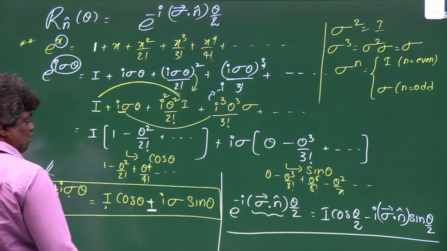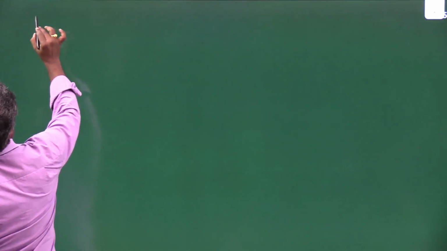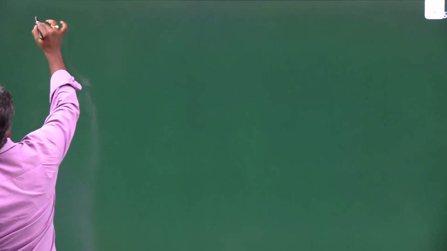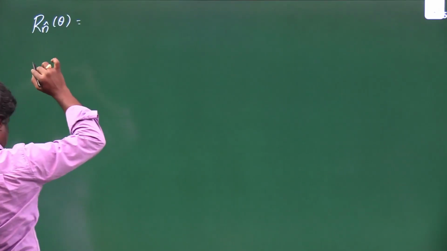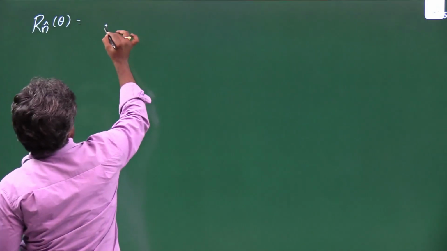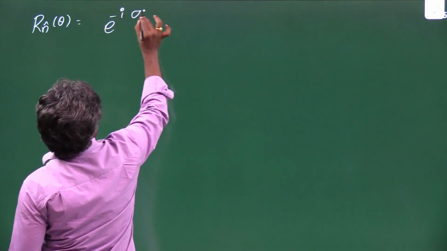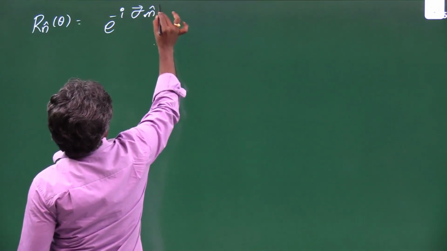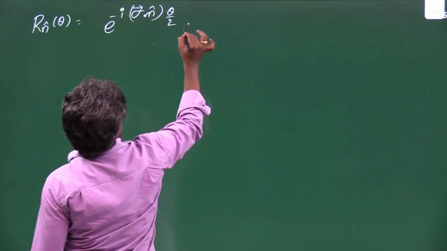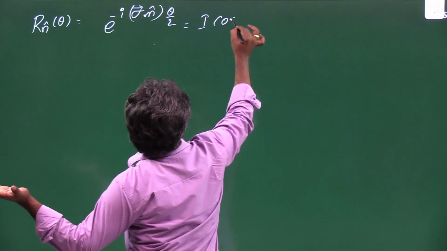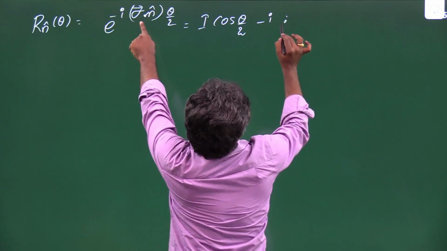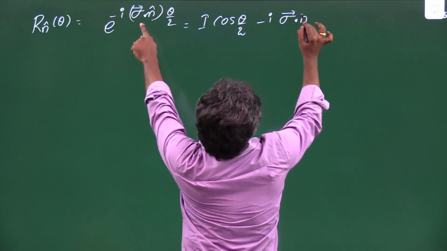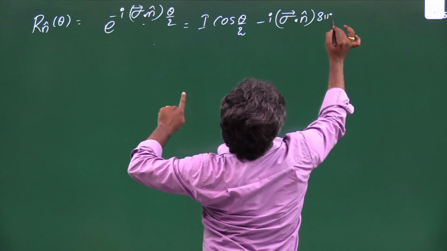Right. So finally, I am writing here. This is the rotational operator about arbitrary direction, and we got e raised to minus iota sigma bar dot n cap theta by 2 can be written as capital I cos theta by 2 minus iota sigma bar dot n cap sin theta by 2.